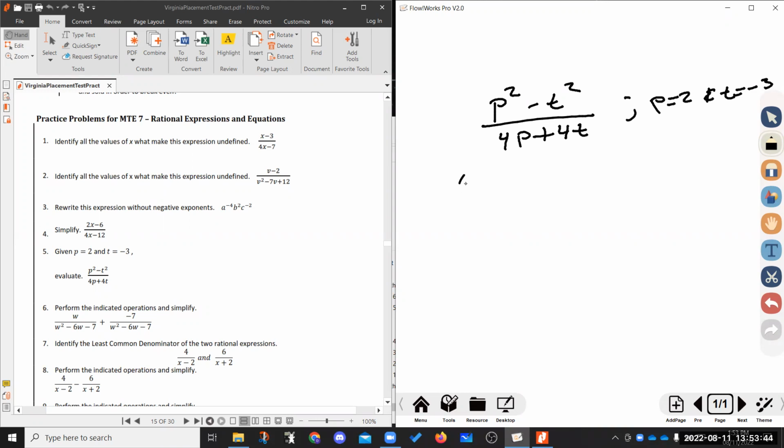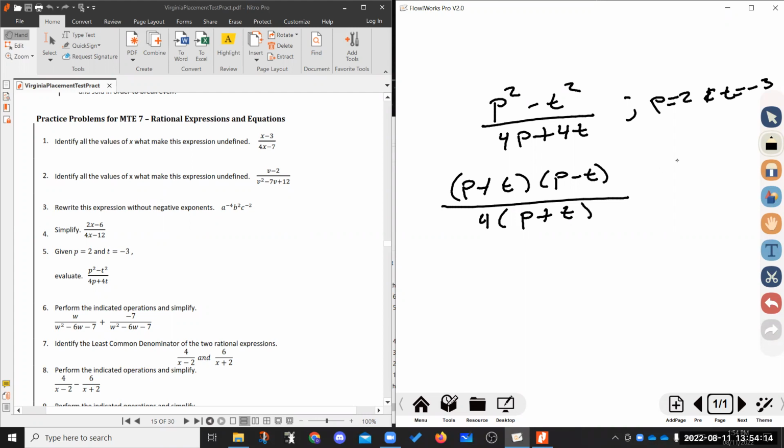Okay, so 2 squared minus negative 3 squared over 4 times 2 plus, let's actually simplify this first before we start plugging in. This is going to be p plus t times p minus t over 4 times p plus t.